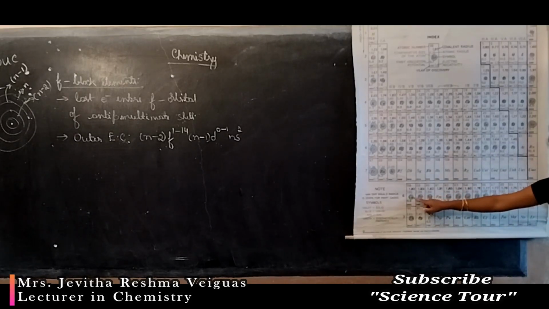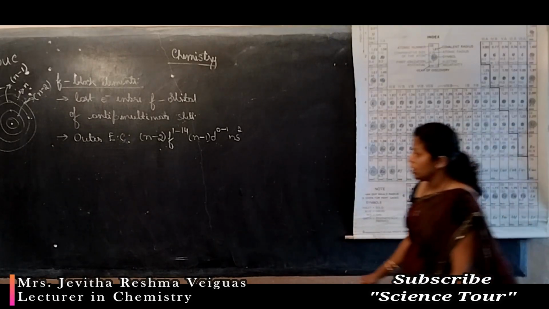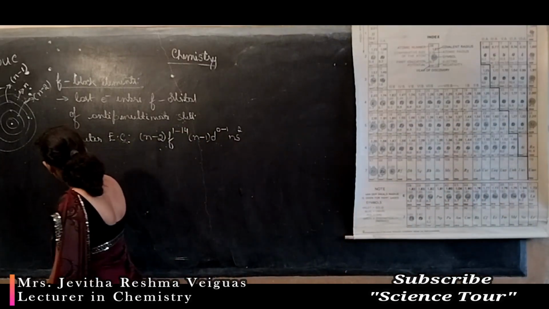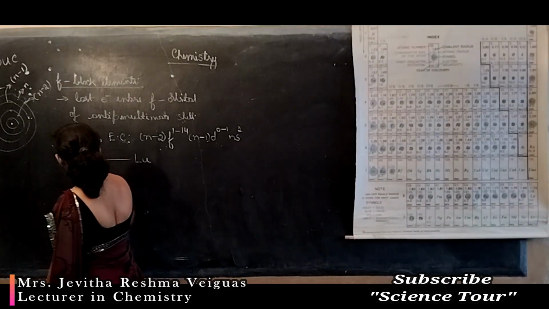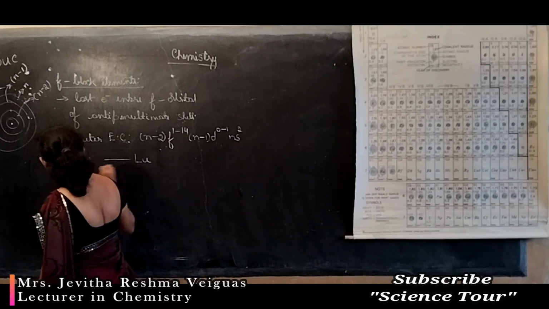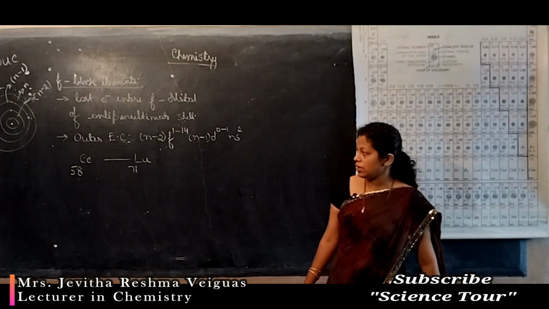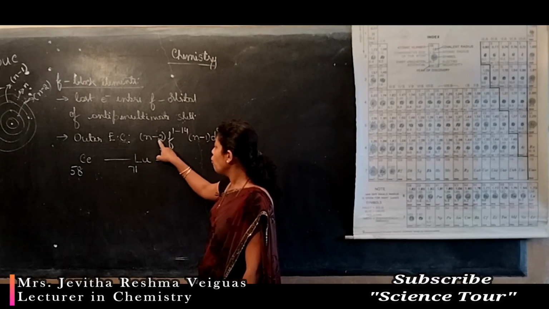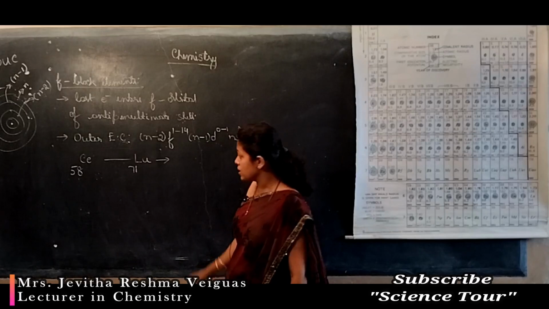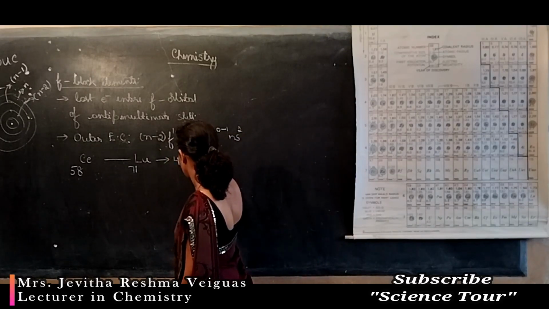See, the elements with atomic number 58 to 71, that is cerium up to lutetium, cerium with atomic number 58 up to lutetium with atomic number 71. Here the 4f orbital is successively filled, so these are 4f block elements.